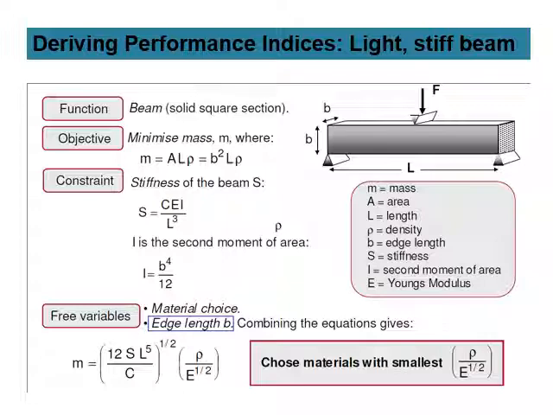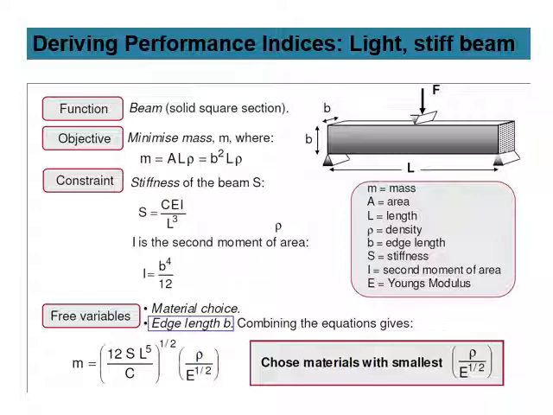Next is to derive the performance indices for lightweight but stiff beam. So of course, minimize mass is the objective. So you rewrite back those equation. M is equivalent to area times length times density. But in this case, for the stiff beam, you need to use the area which is B power of 2.